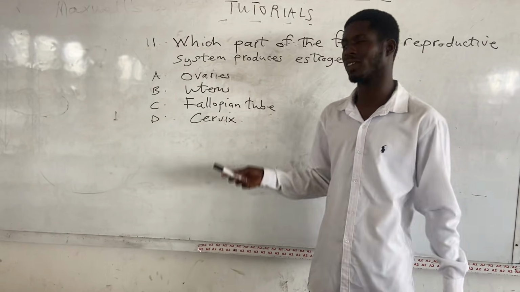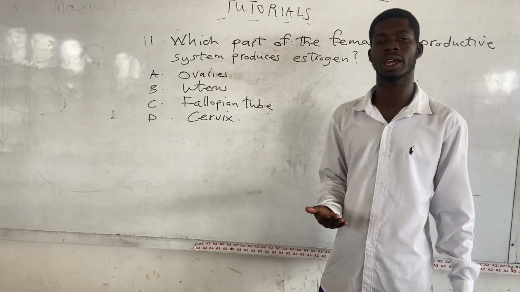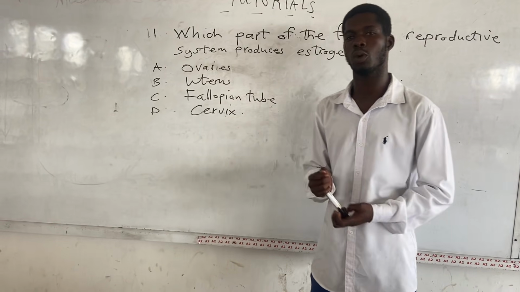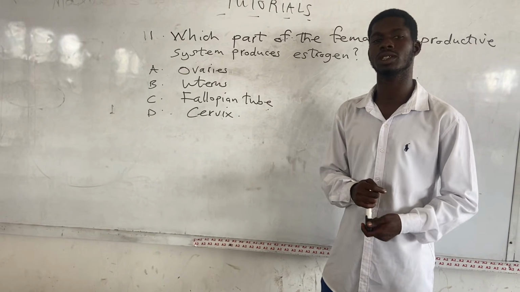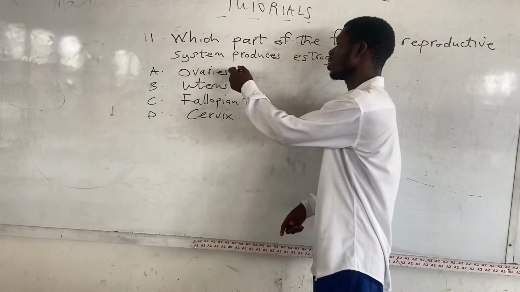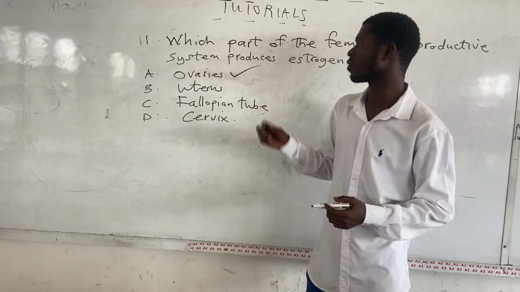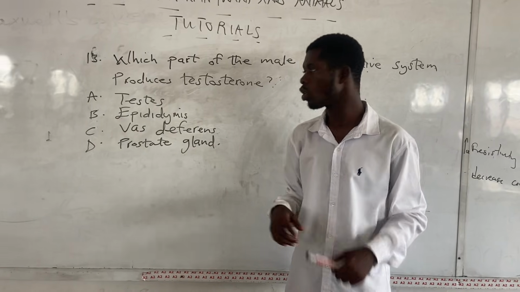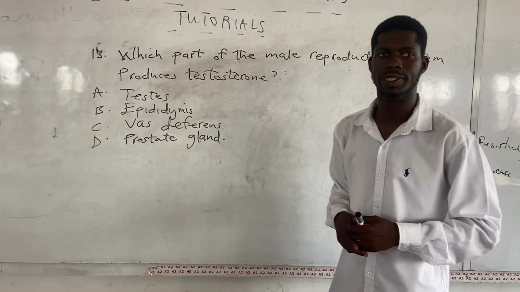The right answer is ovaries, which produce hormones known as estrogen. Question 11, the right answer is A. Thank you.